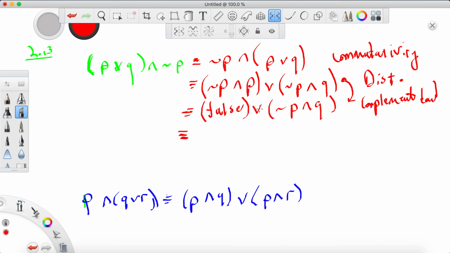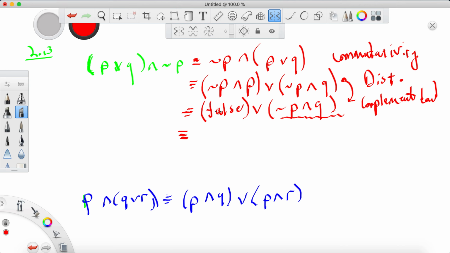So the truth value of this entire thing is only going to depend on this. If this is false, this whole thing is false. And if this is true, this whole thing is true. Because if at least one of these is true, the whole thing is true. And if this is false, well, that's already false. And since nothing is true, the whole thing would be false.